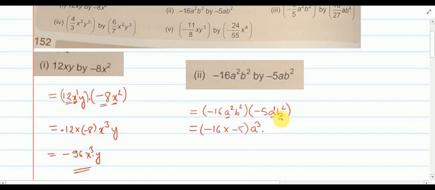Okay, base same, so power will be added. So you get b to the power 4. 2 plus 2, 4. Okay, and now minus into minus will be plus. Okay, and then you will multiply 16 into 5. So 16 into 5 will be 80. Okay, so you write 80 a cube b to the power 4.